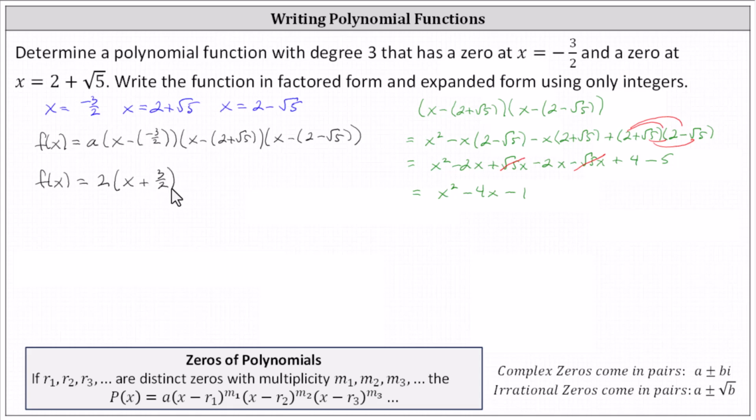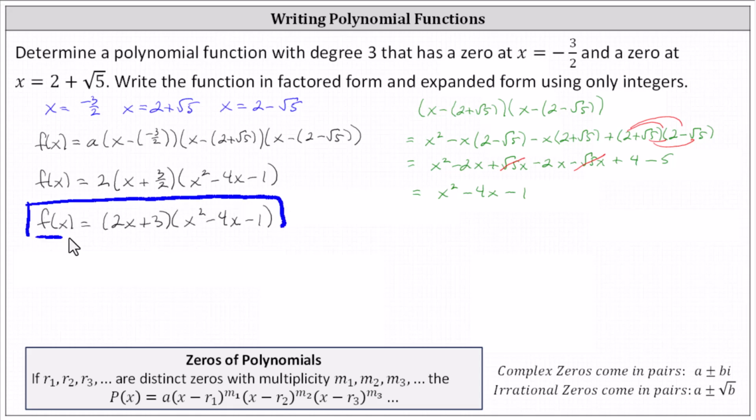And we know the product of these last two factors is now x squared minus 4x minus 1. Let's go ahead and distribute the 2. The factored form is 2x plus 3 times the quantity x squared minus 4x minus 1. This would be one possible factored form for a polynomial with the given conditions.